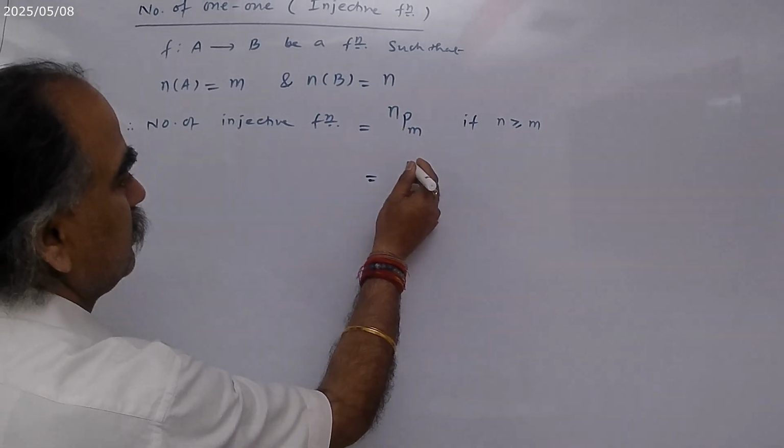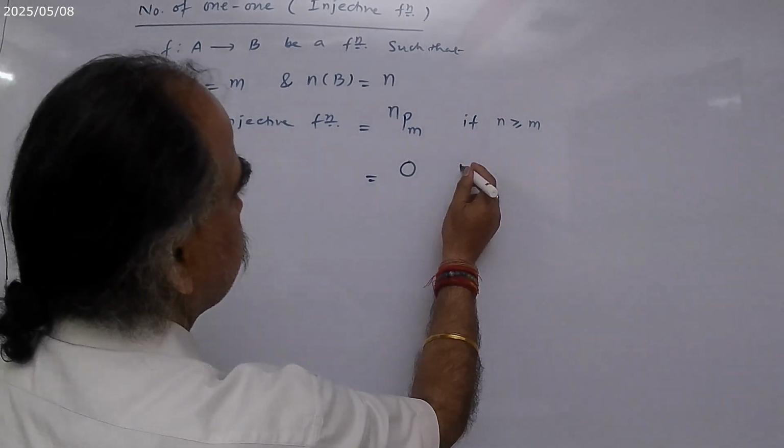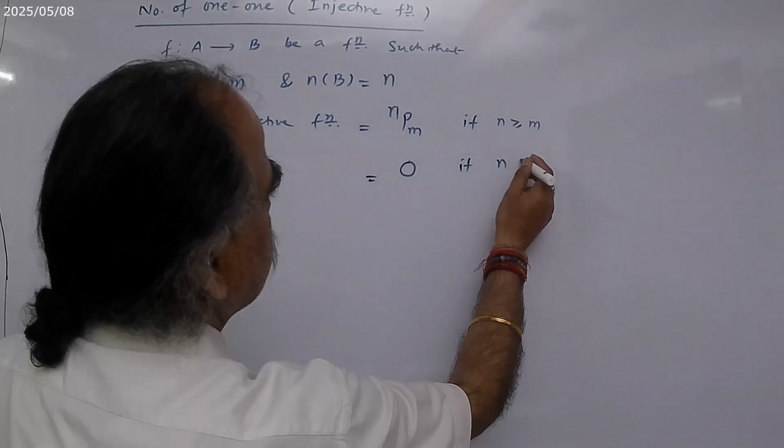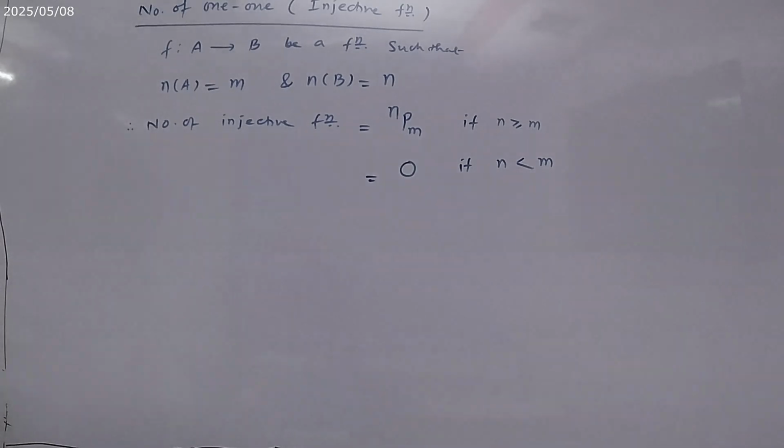And there will be zero injective functions. That means no injective function if n is what? Less than m. Point number 2.